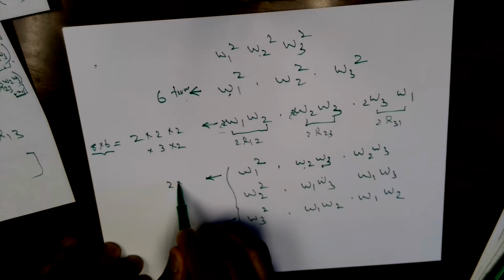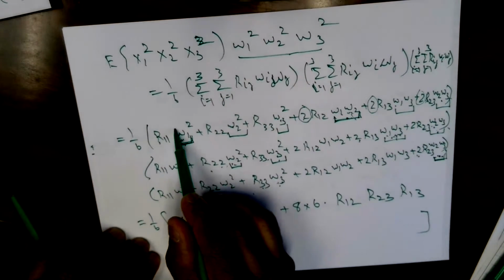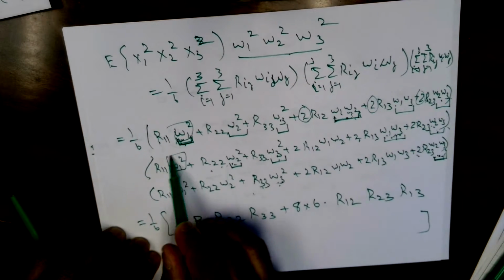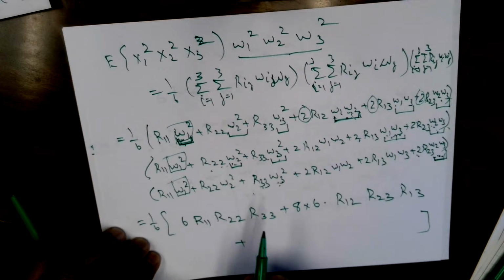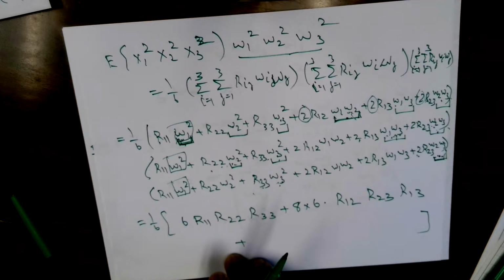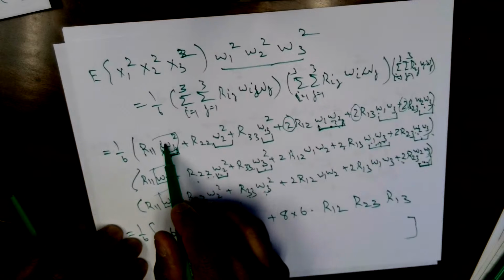But on top of that, we could have started from here, or from here, or from here. So there are 3 other options when you expand.